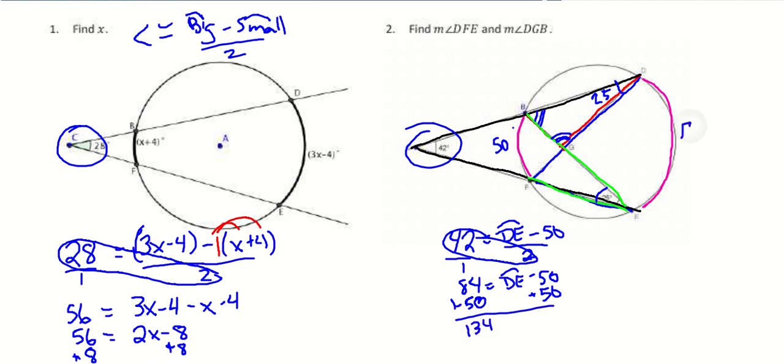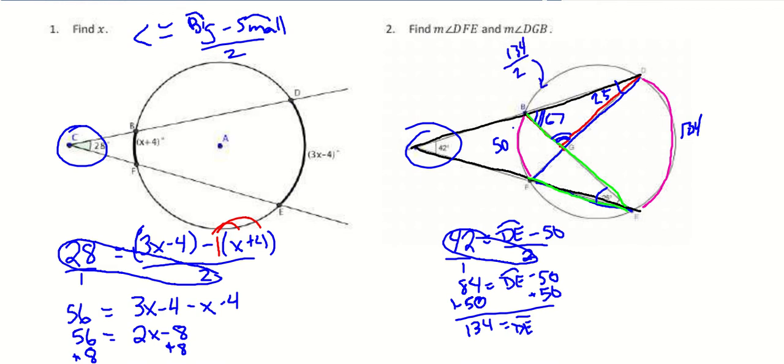That's the measure of this arc over here. So now we know that DE is 134. I can figure out this angle B because it's half of that, so that is going to equal 67. That's half of 134.